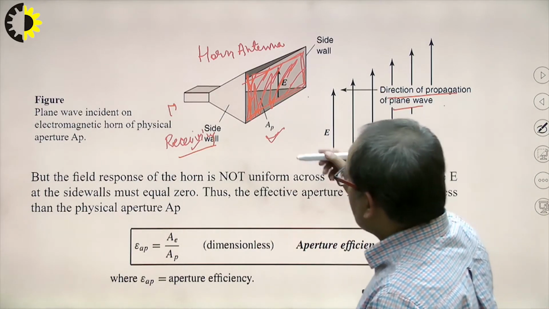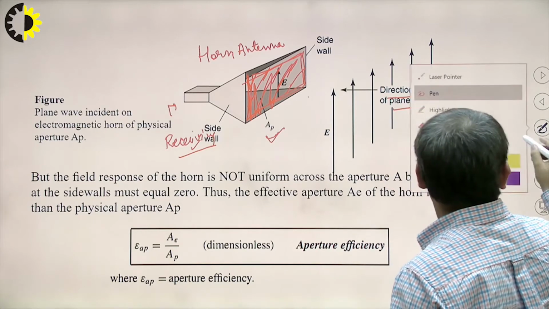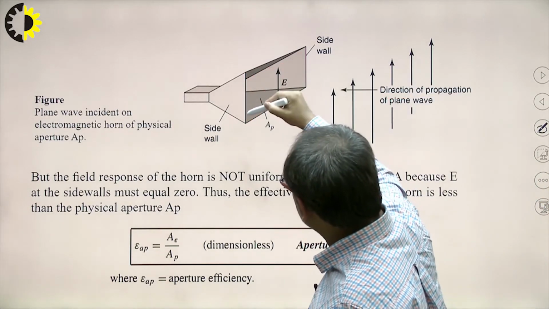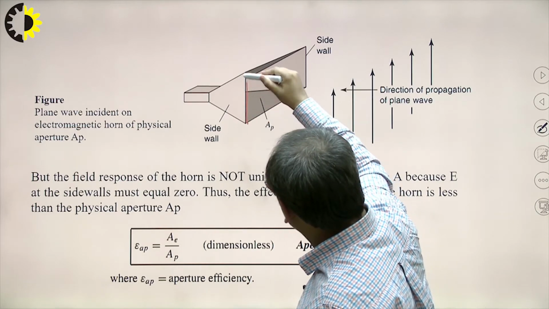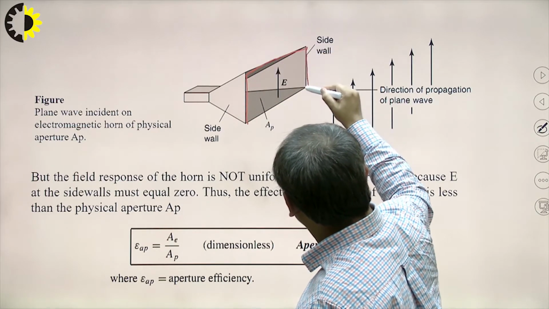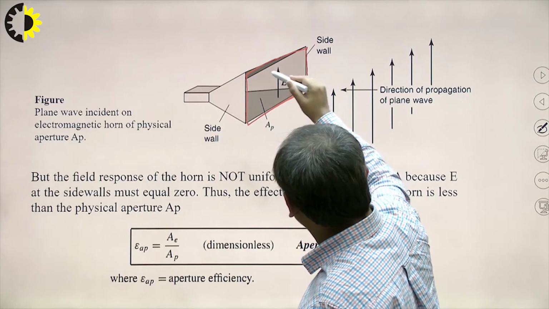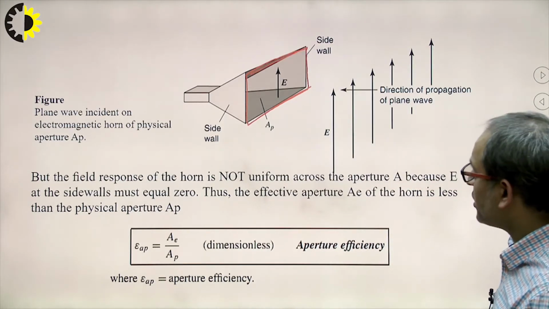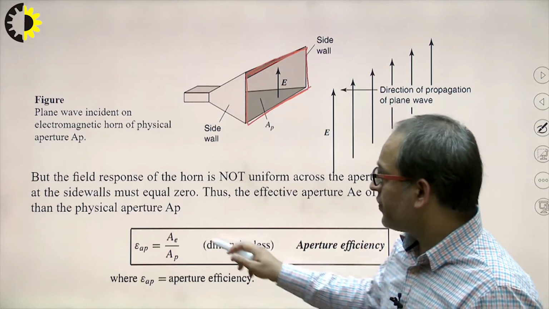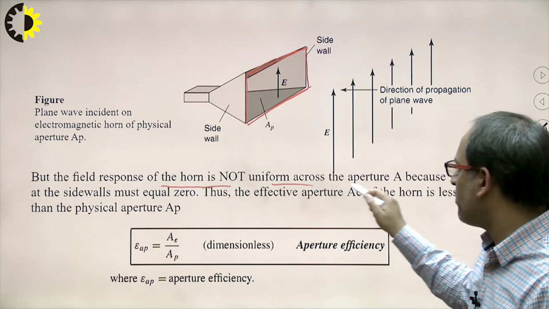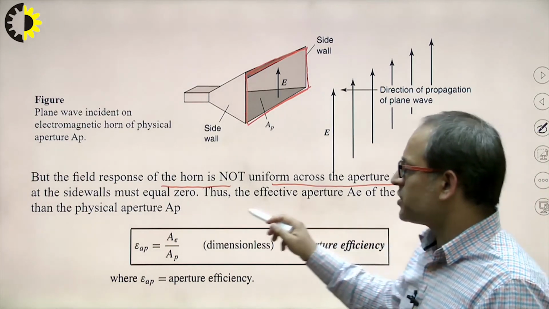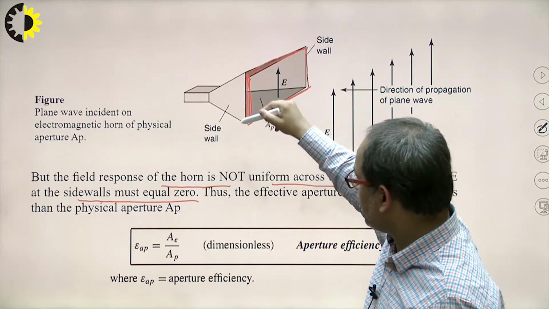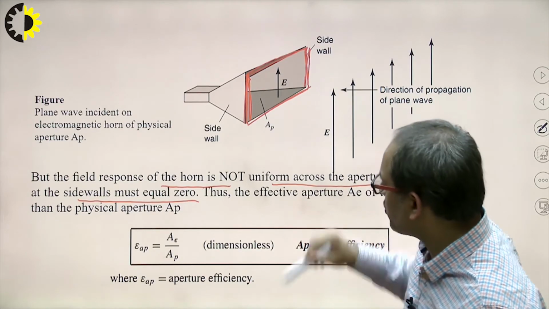But this is the physical aperture area, and at these boundaries the electromagnetic fields are not continuous. Clear? So the field response of the horn is not uniform across the aperture area, because E at the side walls must be equal to 0.